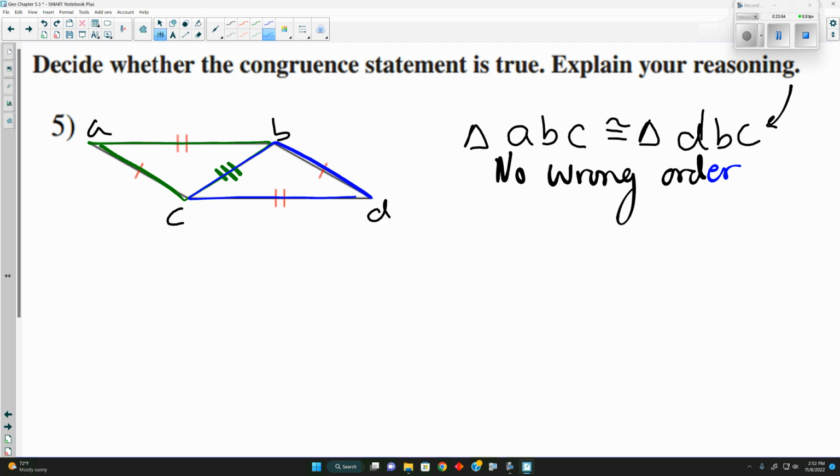It's putting this side and this side together, which aren't the same. So it matched them up incorrectly. No. Wrong order, or wrong statement.